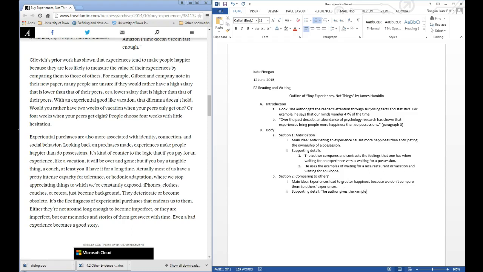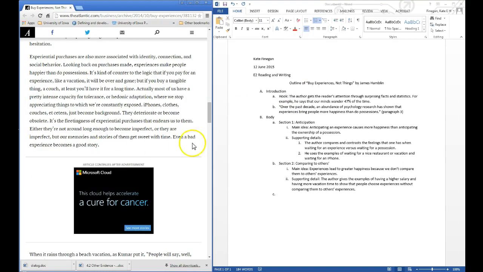So the author gives the examples of having a higher salary and having more vacation time to show that people choose experiences without comparing them to others' experiences. Okay, so there's basically just one supporting detail there. This section is only one paragraph long. Let's look at the next one.